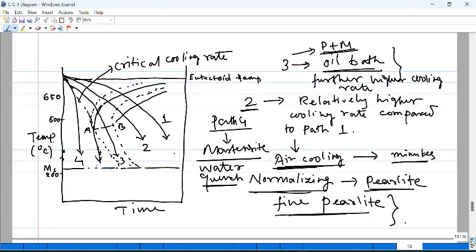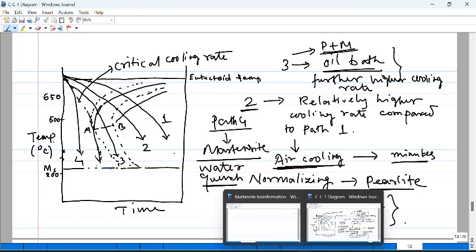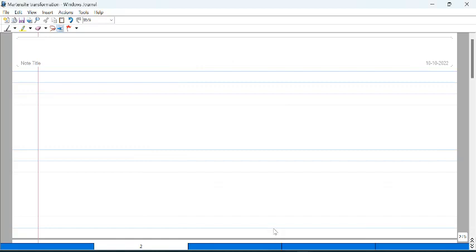So that is the first term that you should talk about whenever you refer to the martensite transformation. It is diffusionless. There is no diffusion occurring at those temperatures below Ms where martensite will form.